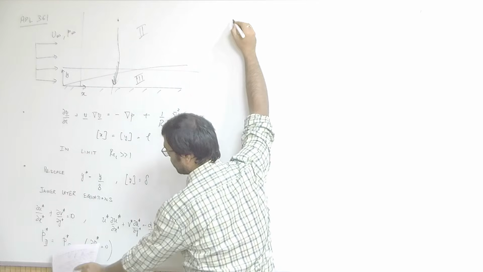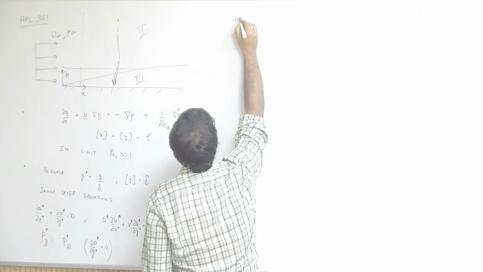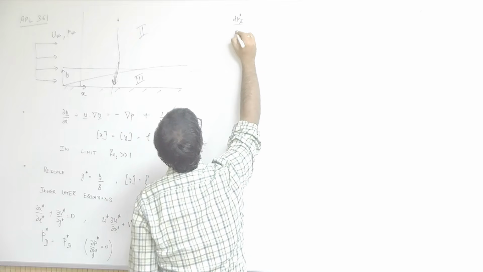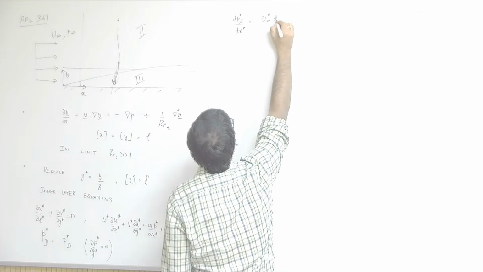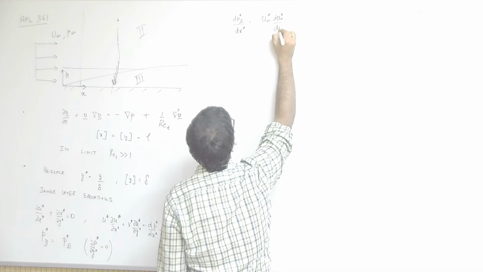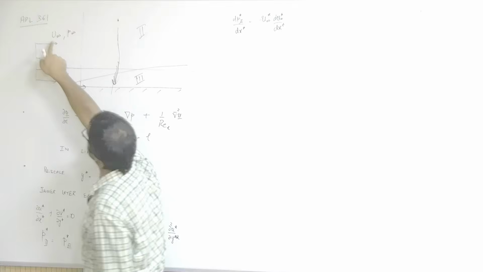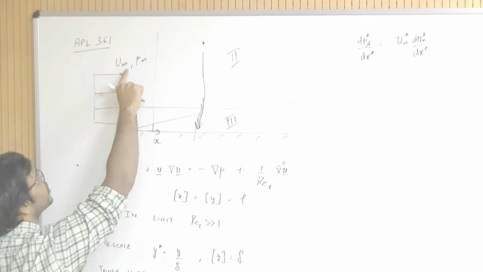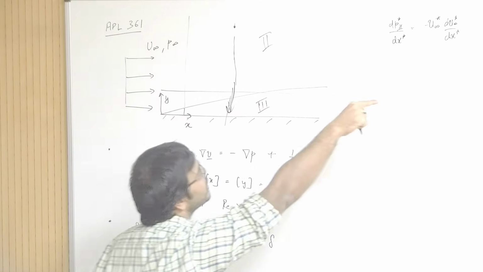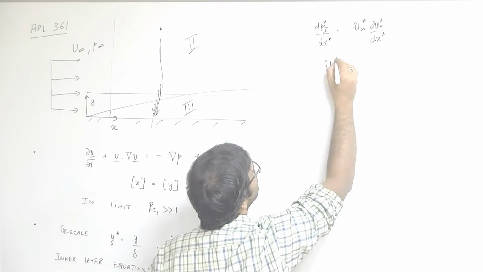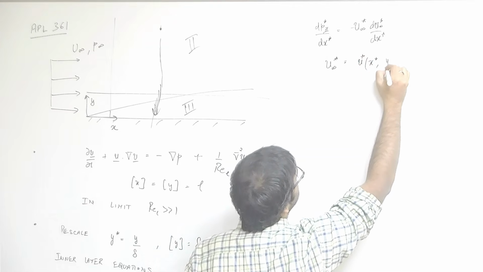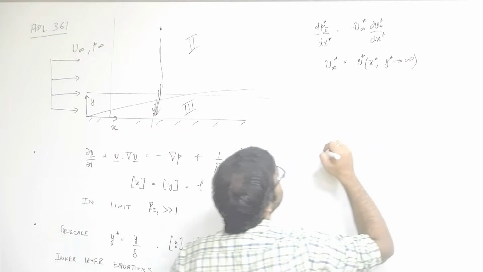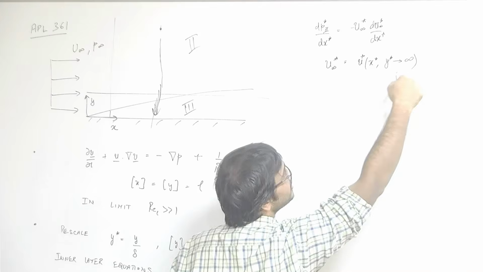So we know that pressure in region 2 varies as u infinity star d u infinity star over dx star. So this u infinity star is basically u by u infinity. Okay, so this u infinity star is basically u star for x star and y star tending to infinity. And remember, u star is u by u infinity.